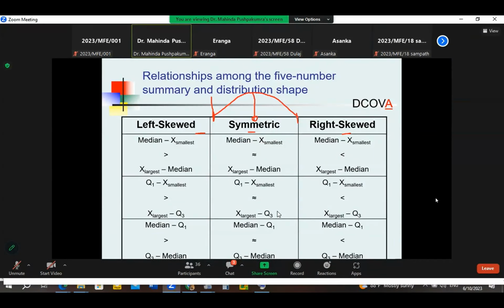If it is symmetrical, mean equals median. What do we mean by median minus smallest? That means from here to here. This distance is equal to this. If the distribution is symmetrical, when you subtract the smallest value from the median and the median from the largest value, both values should be equal.